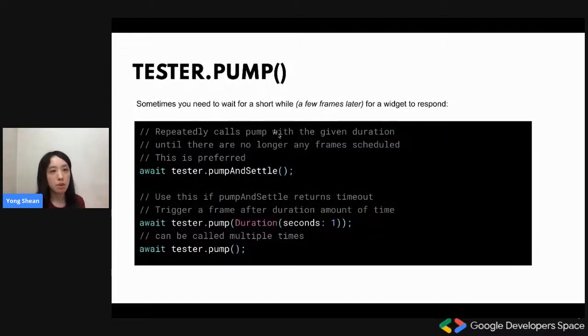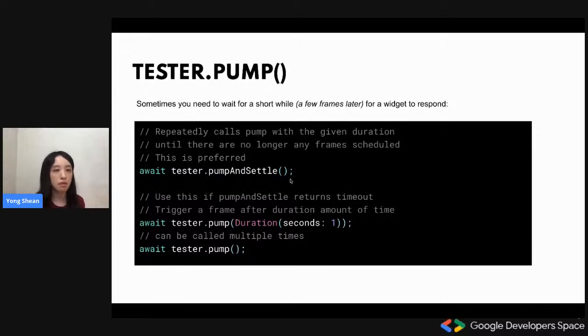So just now I talked about the tester.pump. Sometimes you will need to run the tester.pumpAndSettle. If you have a series of events running in the widget, then after you have performed certain actions like tester.tap or tester.drag, if you are expecting some state changes or some widget changes, then you should run the tester.pumpAndSettle.